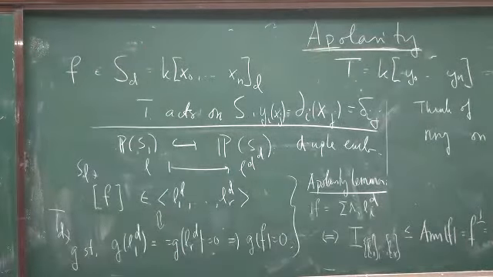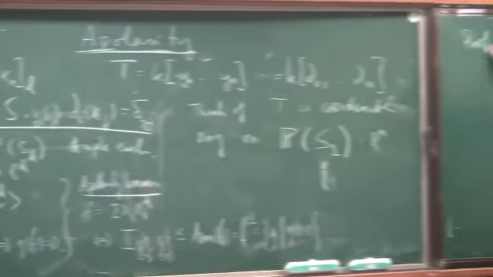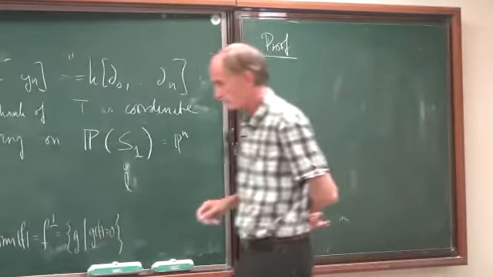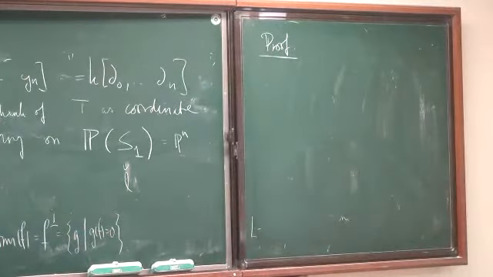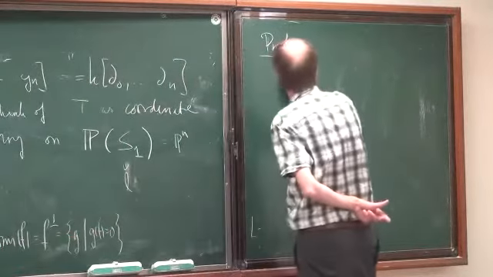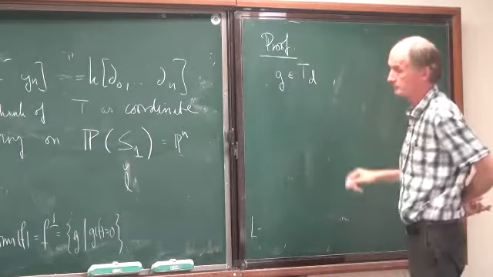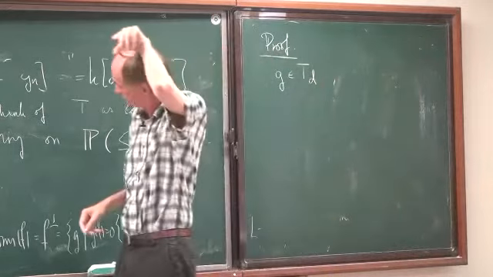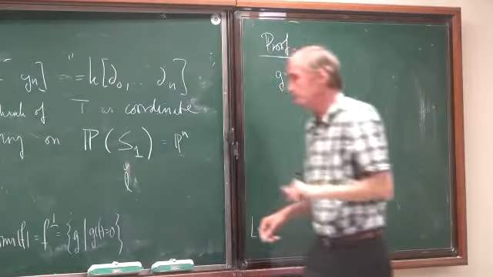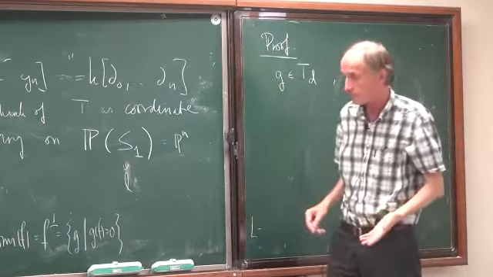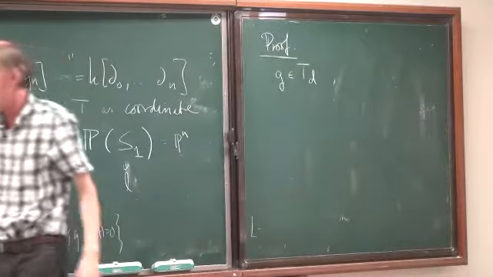So what is it that I didn't prove? If G is in TD, then I'm exactly here.